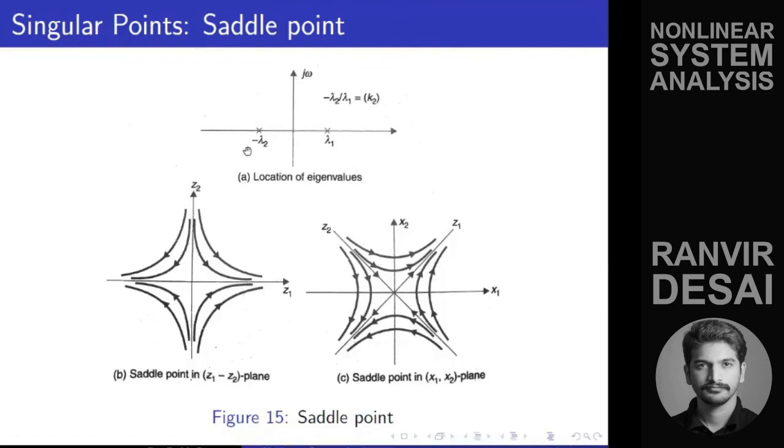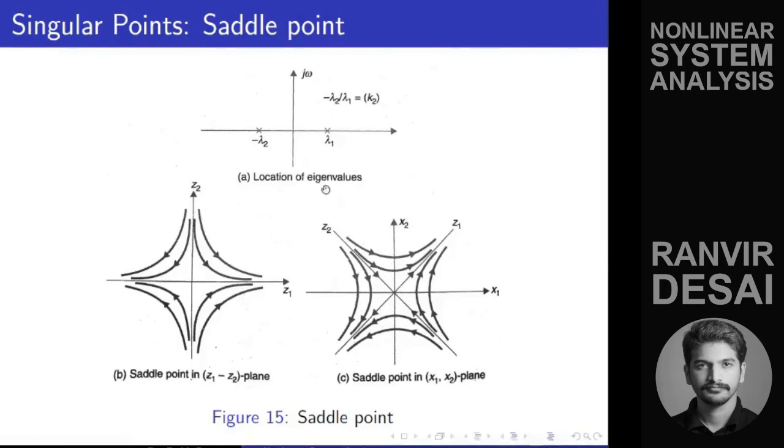Okay. So this is represented as minus lambda 2 because this is a negative eigenvalue. You can write lambda 1 and lambda 2 only, not this negative sign. If they are like this, then we will get a plot like this in z plane, and in x plane like this.